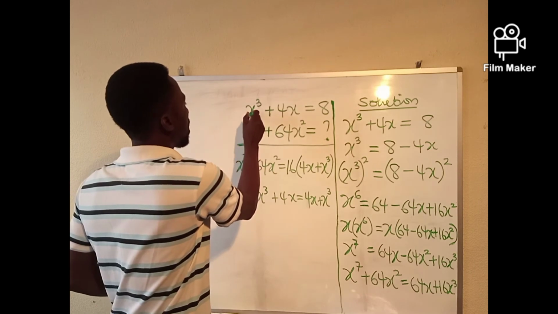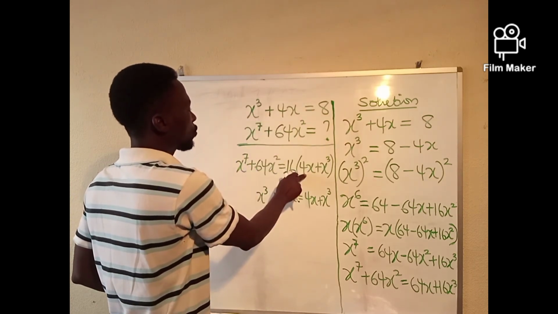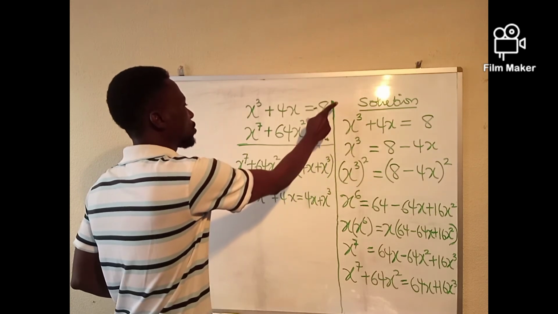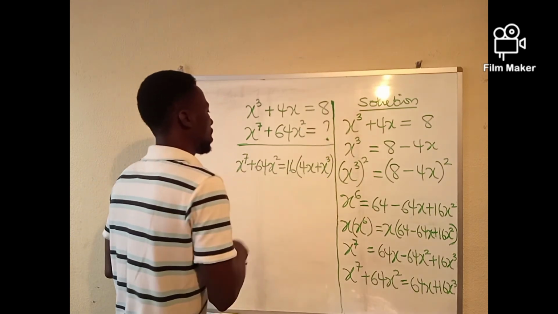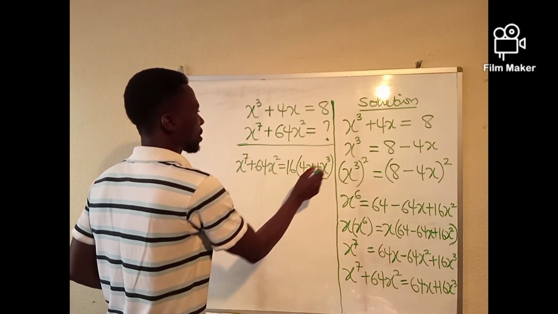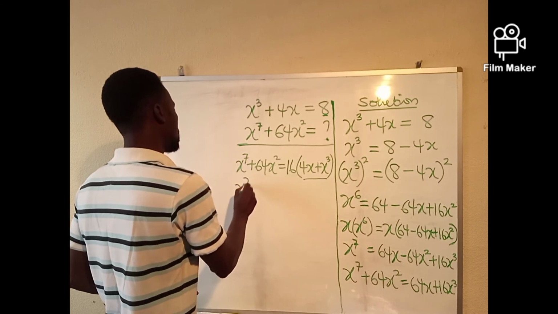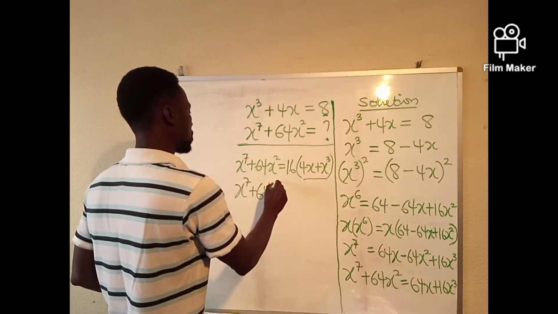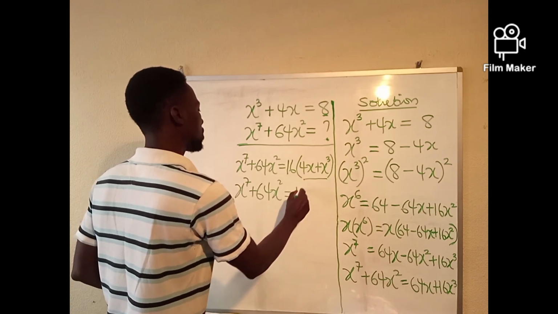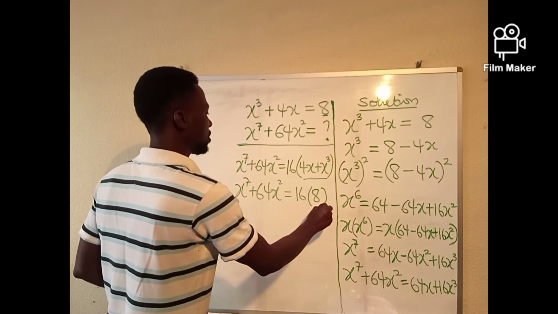So if x cubed plus 4x is equal to 4x plus x cubed, which is equal to 8, we are going to substitute the value of 8 here in this bracket. So this will be 8. So we shall have x to the 7th plus 64x squared is equal to 16 multiplying 8. So this is 8.